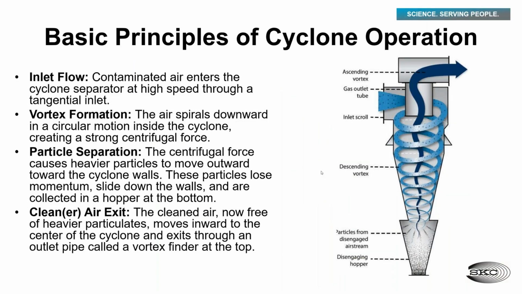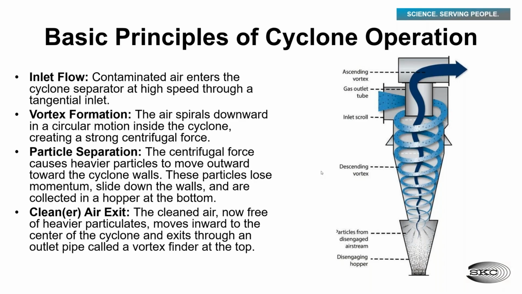So the basic operation of a cyclone, if you've never seen inside one, is kind of fun and interesting. You have an inlet. If you look at the cyclones that you've used, there might be 1 or 3 different openings that air and dust travel into the cyclone. As soon as the airstream travels into the inlets, it is spun into a vortex.